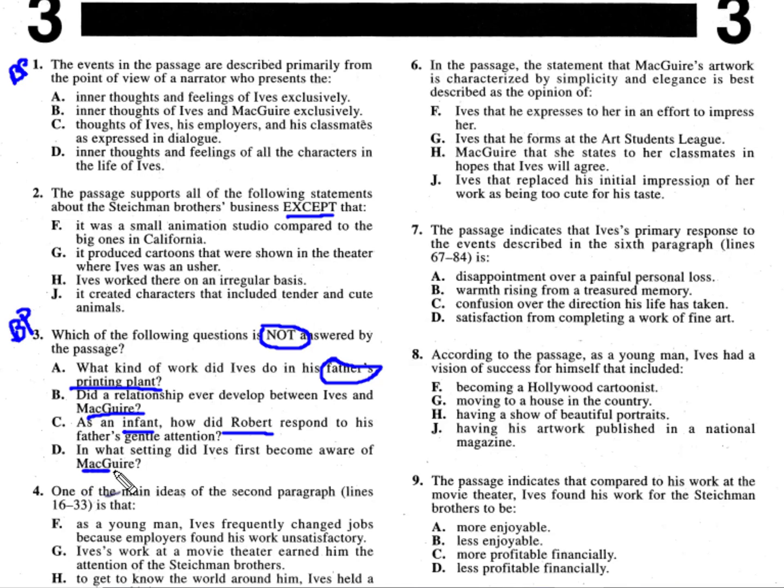Okay. So we have McGuire again. Did they meet and is there a relationship? Once I underline all of these, probably what I would do is I would go and answer other questions and then come back after I have kind of a mental roadmap of the passage. We're looking for a printing plant, the father, McGuire twice, and Robert and the infant.